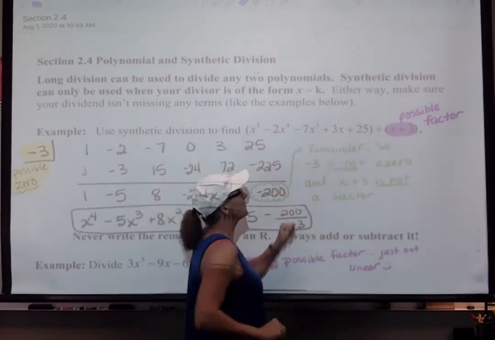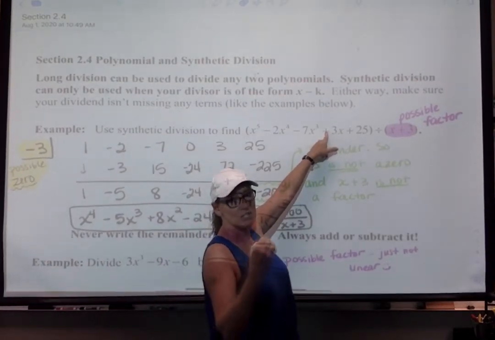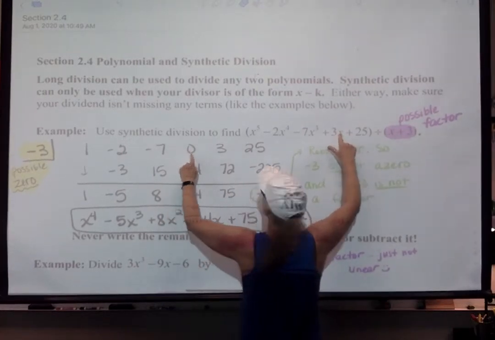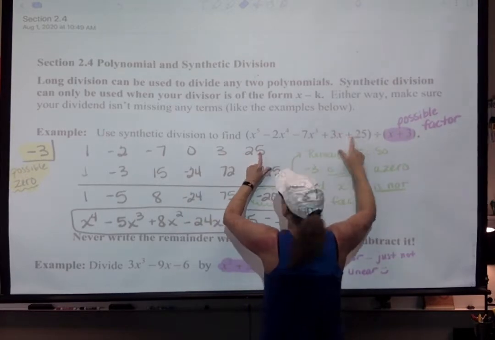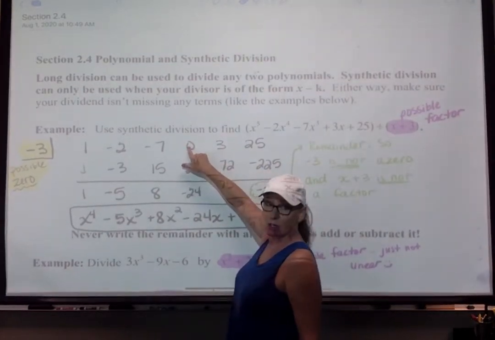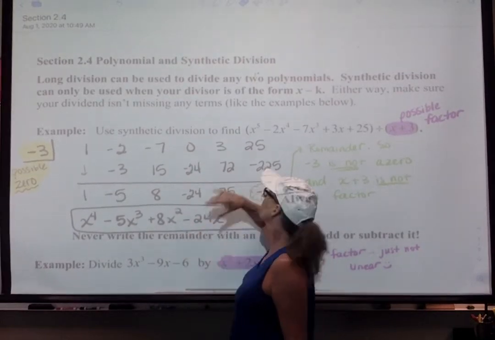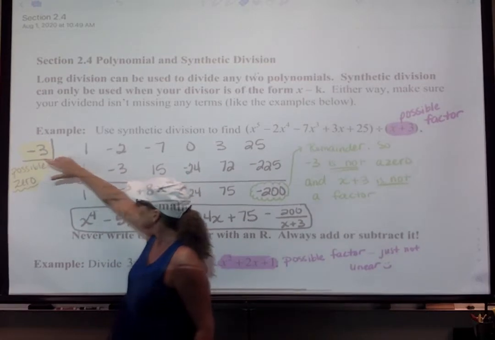So if there was an x squared right here, it would have to have a coefficient of 0. And then the next degree is x to the first, the coefficient is 3, and then the 25. So that's up to you to remember and to do every single time you do synthetic division if you've got a missing term. So what I've done here, I've set it up.